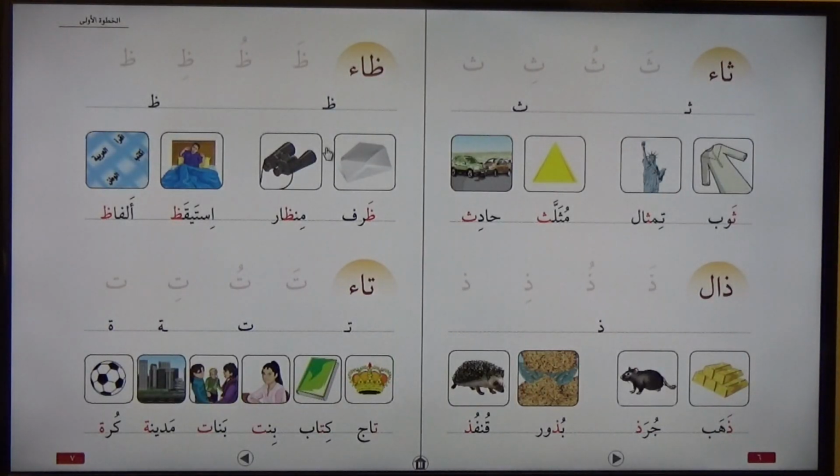We're going to go kind of quickly through the rest of the words. The letter dha, always try to remember or to notice how the letter is written at the beginning or in the middle or at the end of the word.